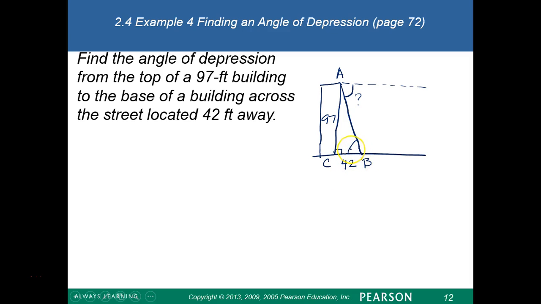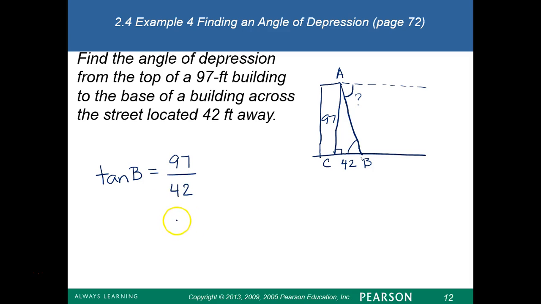Opposite and adjacent, that's our tangent function again. So write it out. Tangent of the angle we're trying to find, which is B as I labeled, is equal to opposite over adjacent, so 97 over 42.